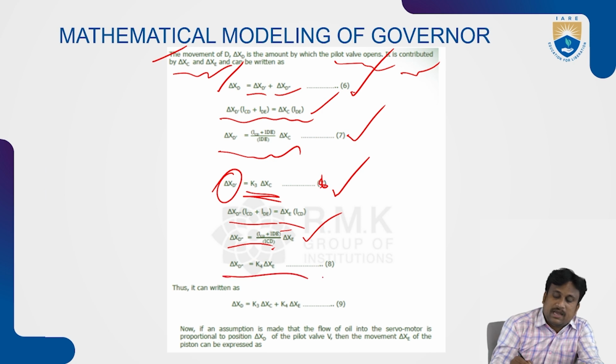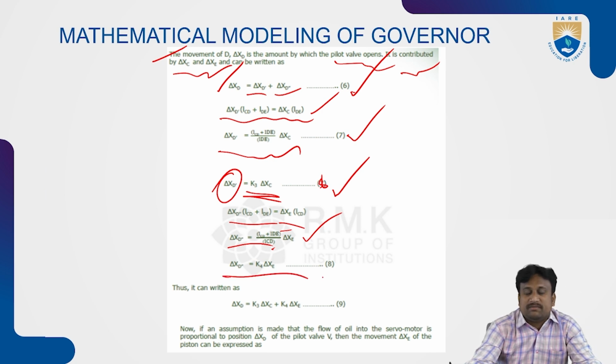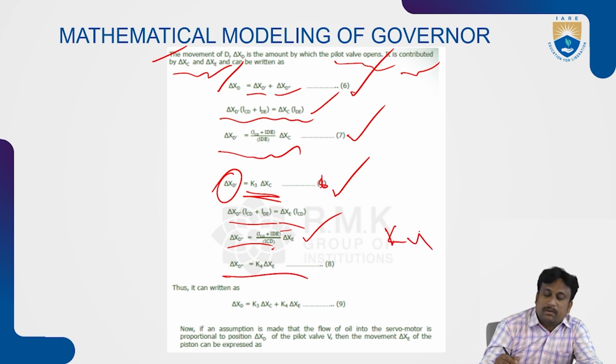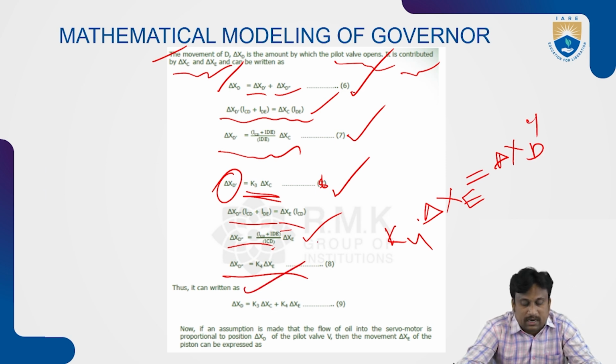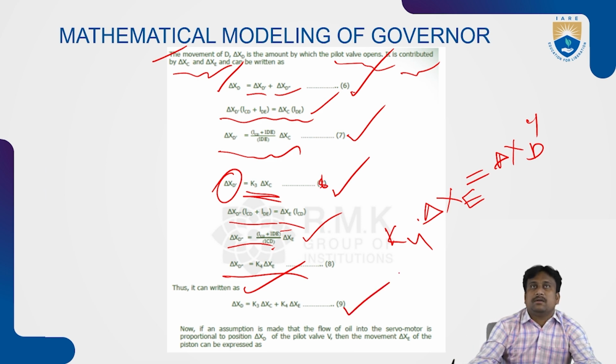So this delta xd double dash in terms of the product K4 will be the factor of delta xe. So thus we can represent that delta xd equals to K3 delta xc plus K4 delta xe. This is written as equation 9.